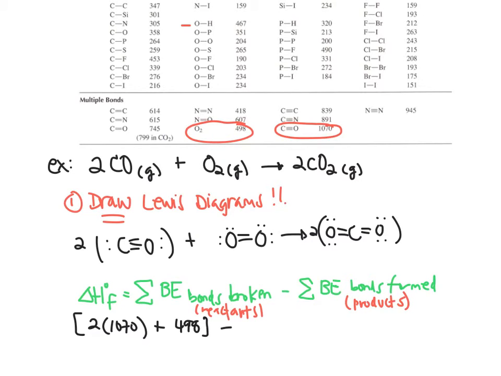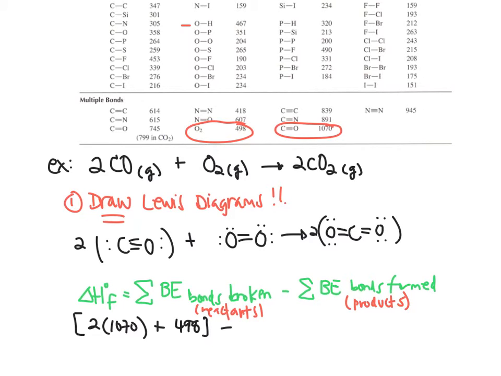And we're going to subtract the sum of the bond energies for our products. In this reaction, our product is 2 carbon dioxide molecules. Each one contains 2 CO bonds. So this is where it gets really tricky. Yes, I have 2 carbon dioxides, but each carbon dioxide contains 2 carbon double bonded to oxygen bonds.